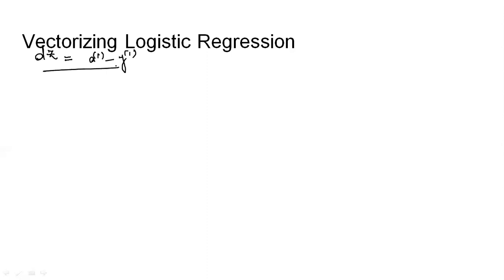We have seen this equation in quite a few video lectures, and it came out of the computation graph, when we were finding the gradient using the backward propagation steps. Now, how can you vectorize this equation? It may be quite new for you, so you don't need to worry. I'll tell you some easy steps so that you can easily vectorize this equation.